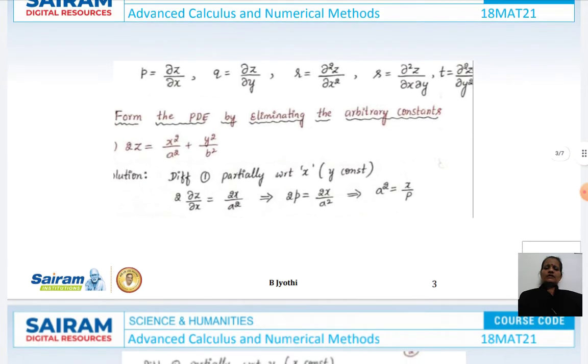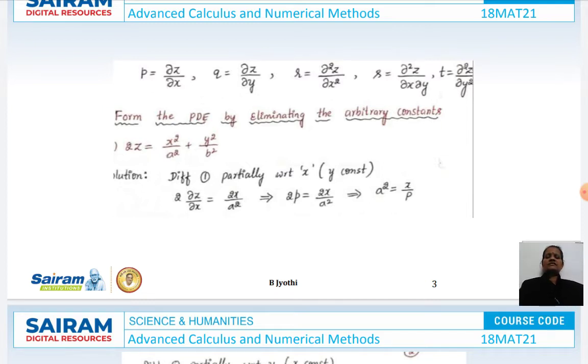In order to eliminate the arbitrary constants, before that we must know what is p, q, r, s and t. p stands for dou z by dou x. That means the given function, if it is differentiated once with respect to x, that is dou z by dou x, we will be getting p. And if it is differentiated once partially with respect to y, we get q.